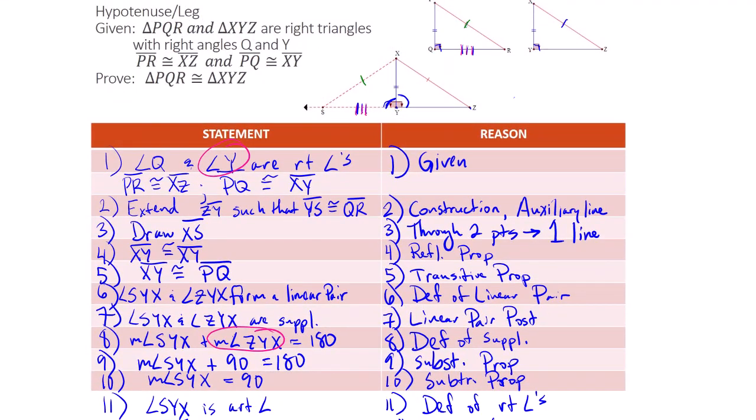Okay, so basically I'm just saying that this is congruent with this. And now I have enough to say that this is an isosceles triangle, right?